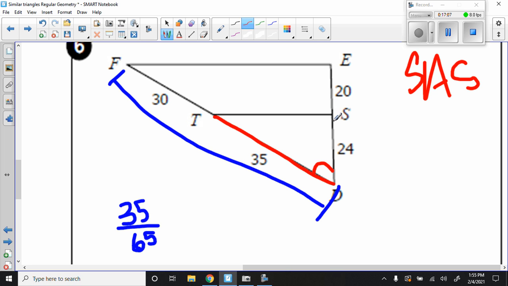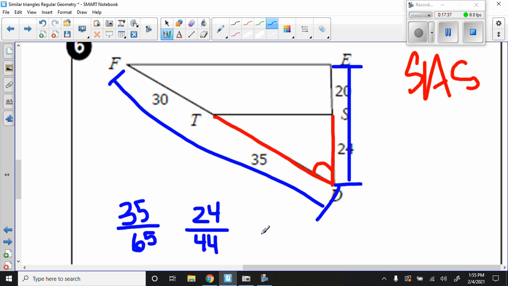The right-hand side of my small triangle is 24. And the right-hand side of my big triangle is 44. So I'm going to look at 24 and 44 and test if those are the same decimals. 35 divided by 65, I got 0.5384, a long decimal.